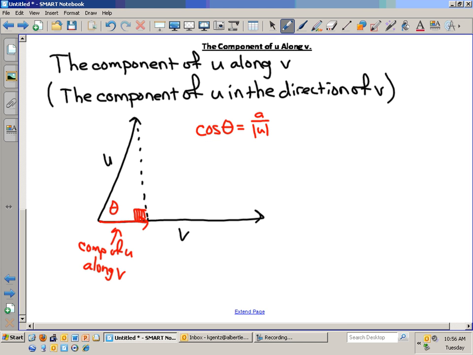If you multiply both sides by the magnitude of u, you get the magnitude of u times the cosine of theta, which happens to also be, we don't have time to do this, but in your book they do show that it ends up being u times v divided by the magnitude of v.